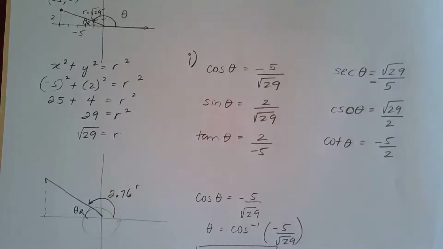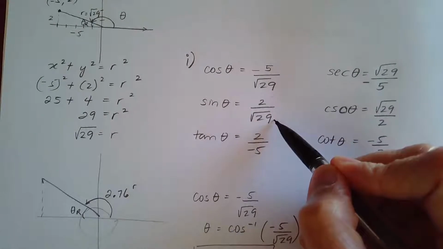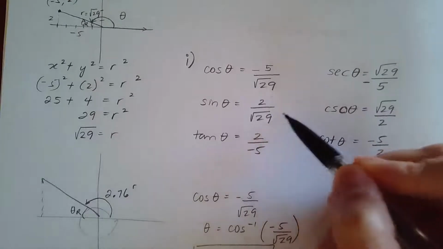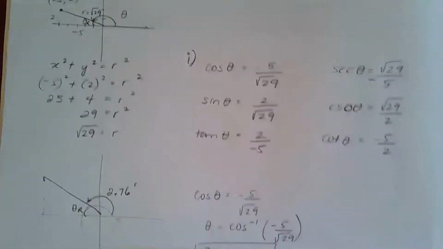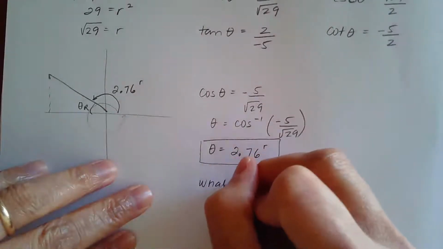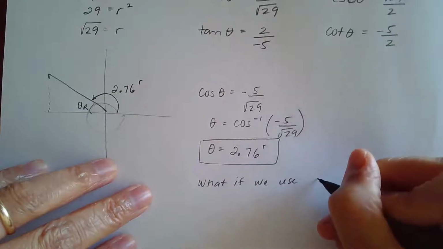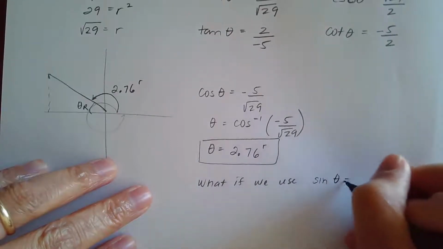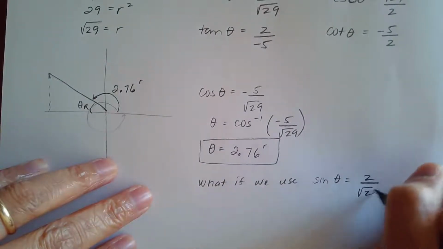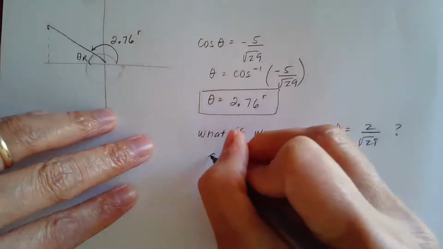What happens if we use sine, 2 over root of 29? I'm just going to take the time to do that one. What if we use sine theta equals 2 over root of 29? What would happen? Let's see here.